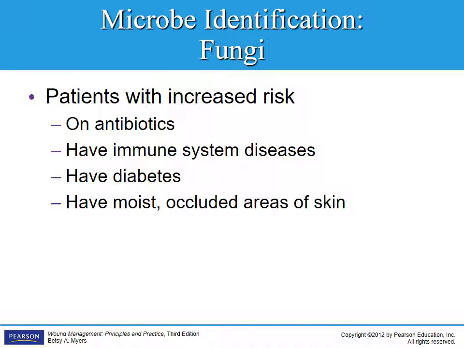Patients with fungi are often on antibiotics, because, as we talked about, antibiotics can kill the good flora that occurs naturally on our skin, and so the fungi can take over. Or if there's any kind of immune system disease, they'll often have a fungi on them.